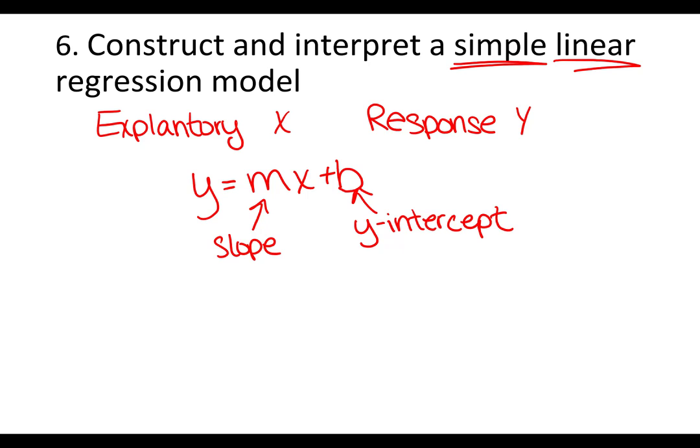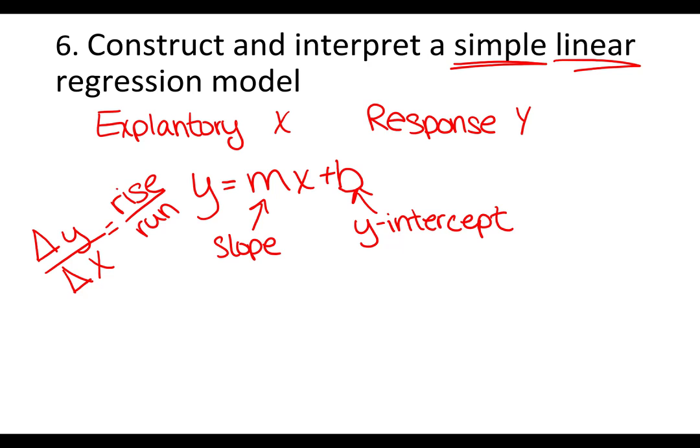The slope is a measure of how steep the line is. In algebra, it's sometimes described as change in y over change in x. The triangle symbol here is delta, where delta means change. This could also be written as rise over run.